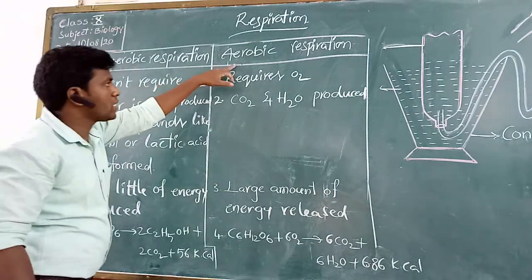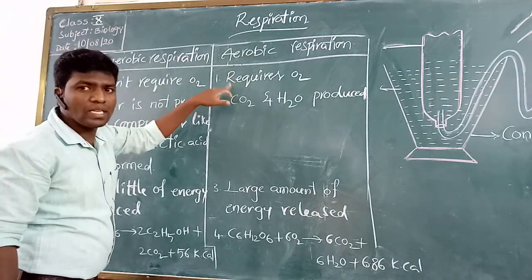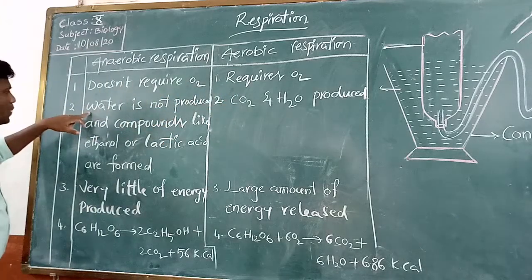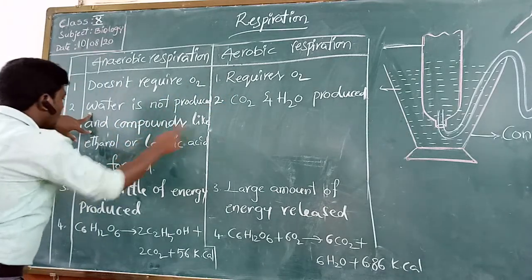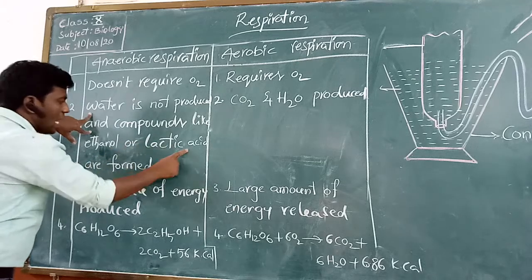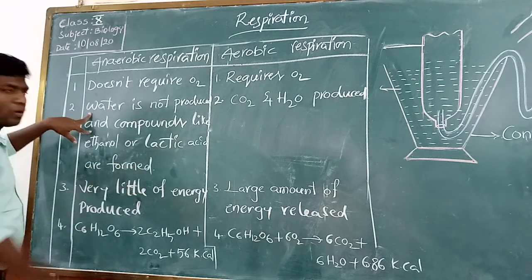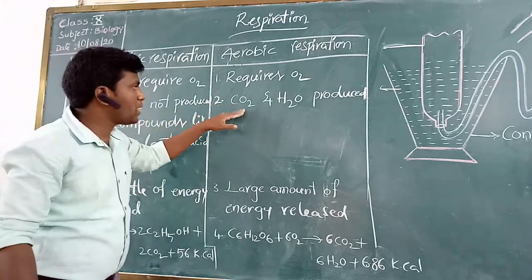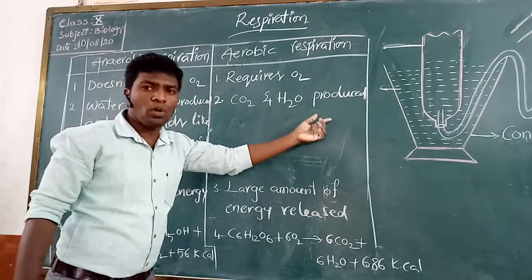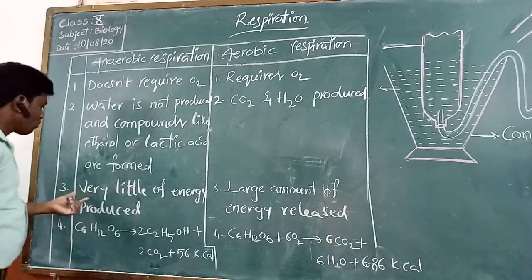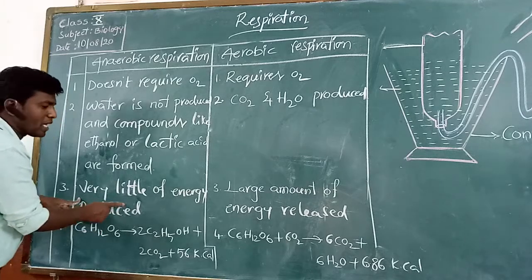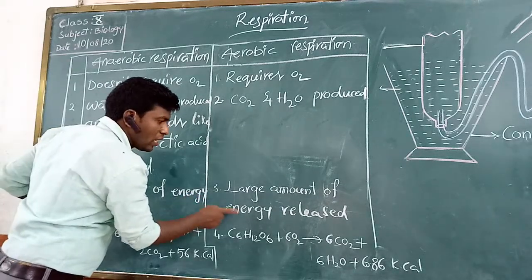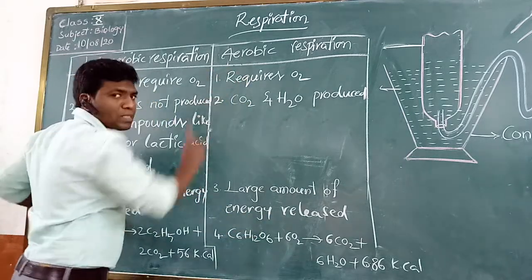In aerobic respiration, they need oxygen. In anaerobic respiration, water is not produced, and compounds like ethanol or ethyl alcohol and lactic acid are formed. In aerobic respiration, carbon dioxide and water are produced. A very little amount of energy is produced in anaerobic respiration. A large amount of energy is released in aerobic respiration.